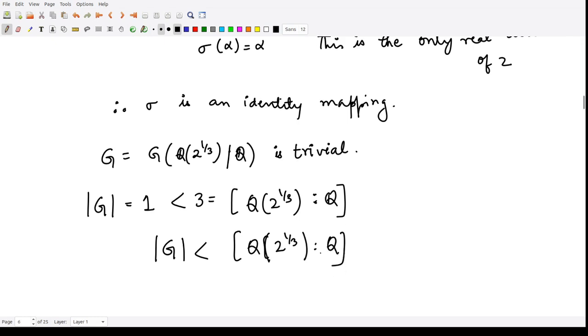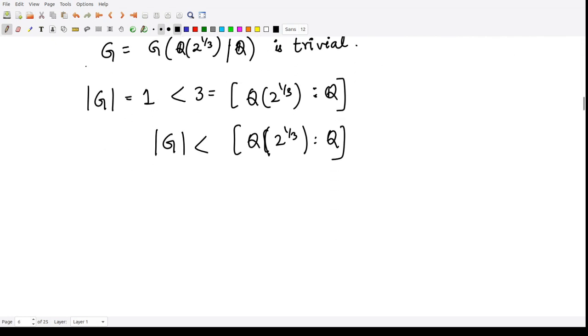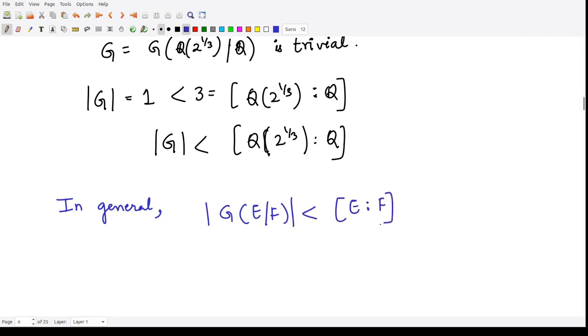And this we will see in general in the next theorem, which says that in general the order of G defined for E over F, the group of automorphisms, is always less than or equal to the degree of the extension field E over F. How is this true? We will see this in the next theorem.